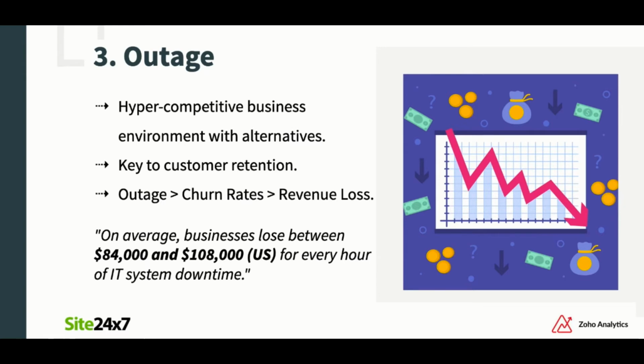As businesses, these are numbers that cannot be ignored. So, using advanced analytics, that's by integrating your Site 24/7 account with Zoho Analytics, let's see how you can align the outage metric with your business efforts.